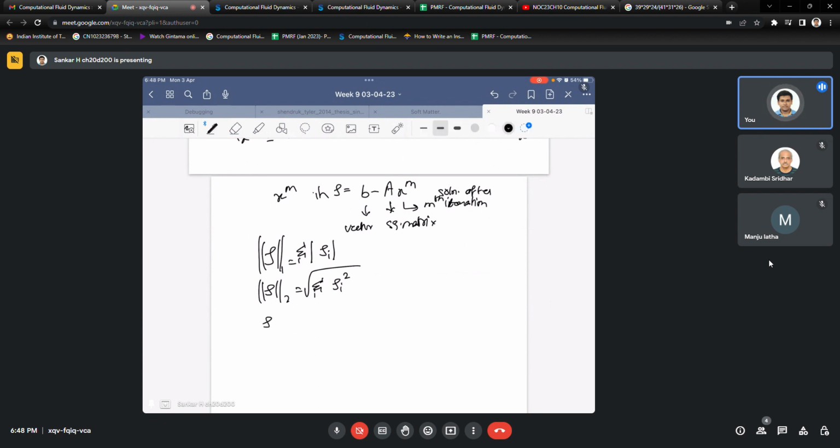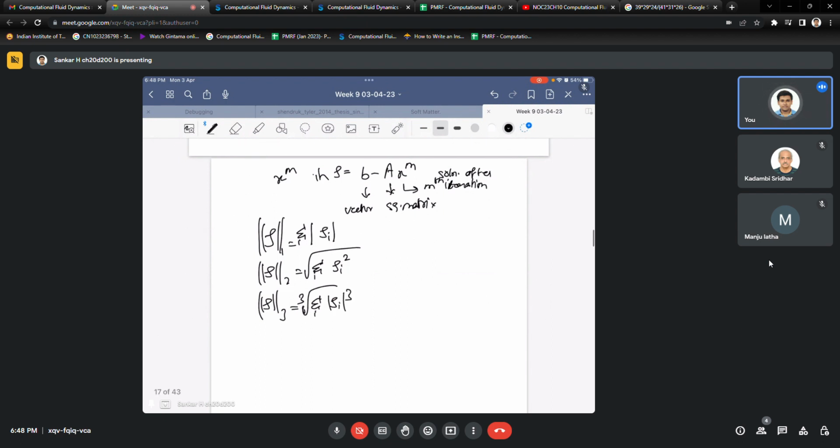If I take the third norm, it should be the cube root of the sum of the absolute values of the cubes of each element in the vector. Similarly, if we go on like that, what would happen at this point?